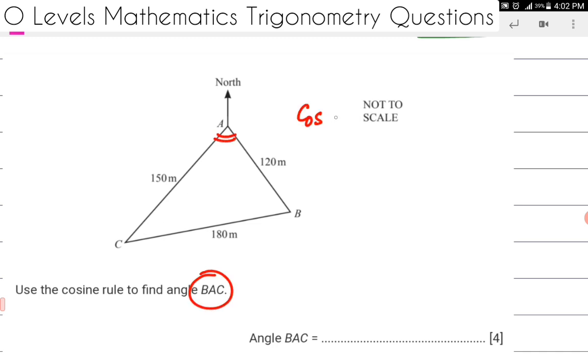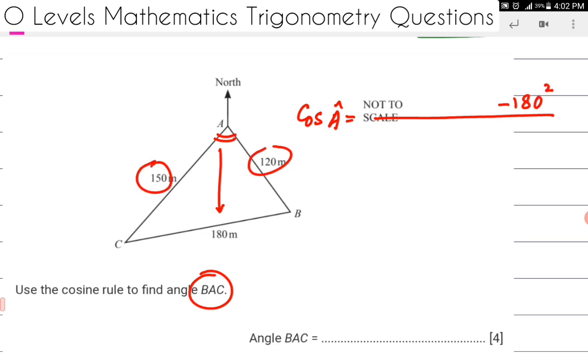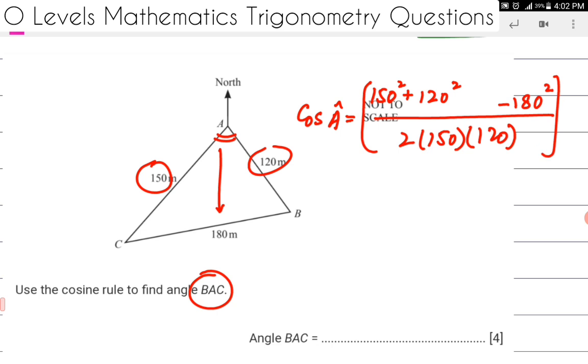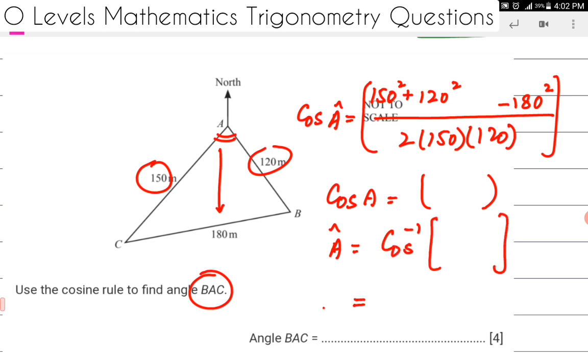So cos of A will be equal to whatever is coming opposite to it, that will be kept at the end. So it's minus 180 square, it's 150 and 120. So it is going to be 150 square plus 120 square minus 180 square divided by 2 times 150 into 120, right? And this whole value would be equal to cos of A, and your angle A is going to be cos inverse of this answer.